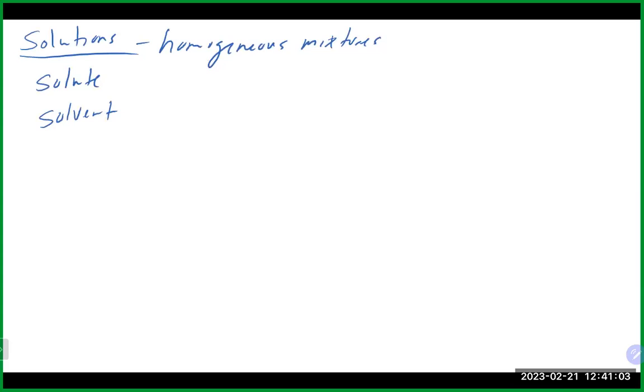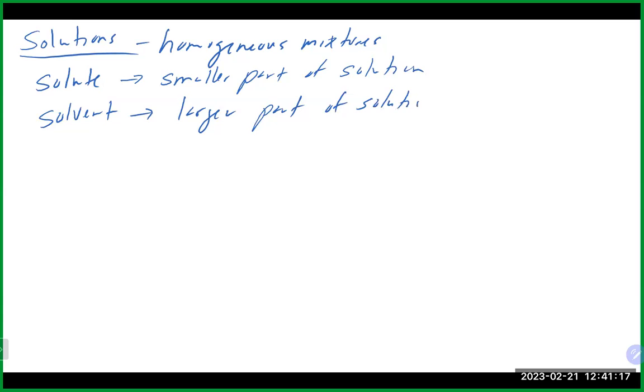The solute is the smaller part of the solution. The solvent is the larger part of the solution. When you put both of those together, that makes a solution. And again, solutions are typically the ones that get the aqueous symbol next to them.